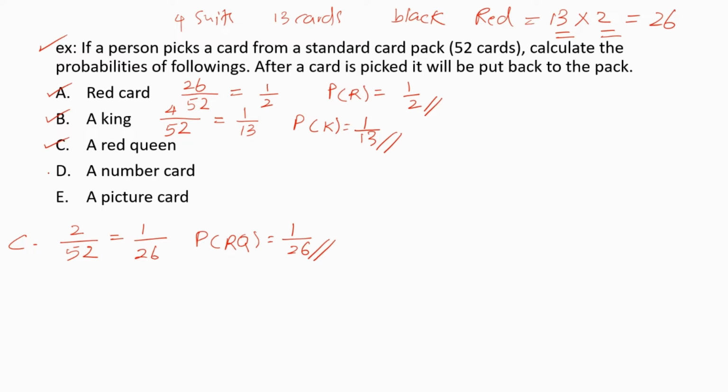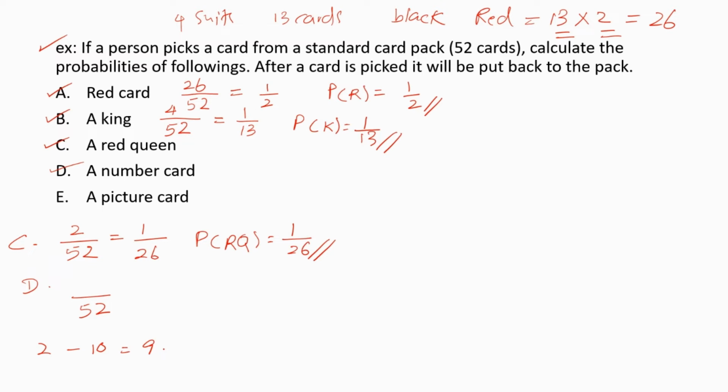Option D, a number card. So there are 52 cards and how many number cards are there? It starts from 2 to 10. We do not consider the card Ace because there is no number on it. So there are 9 number cards for each suit.